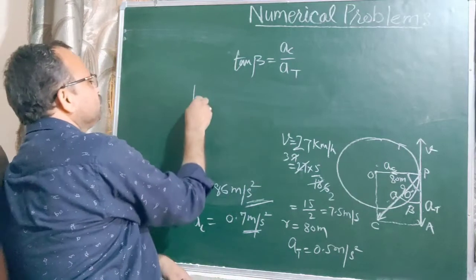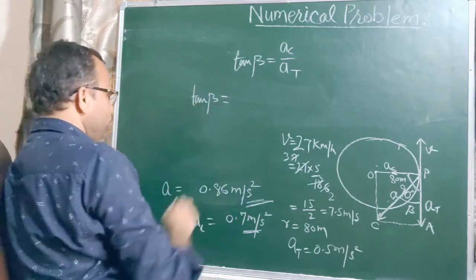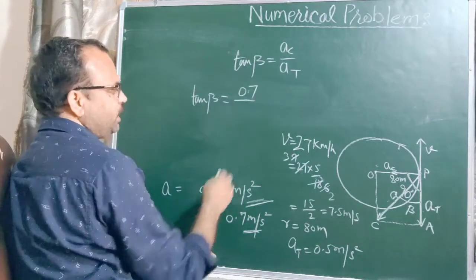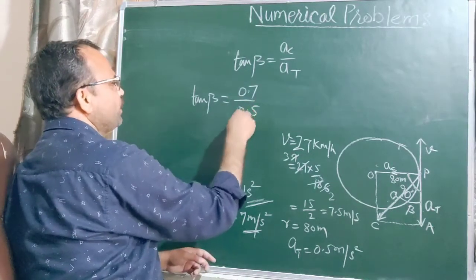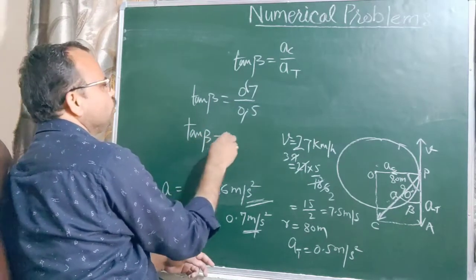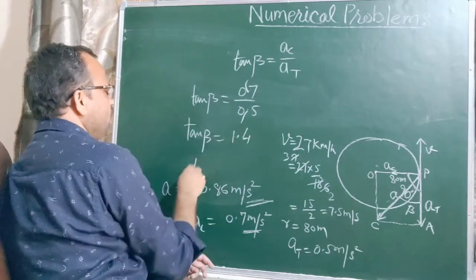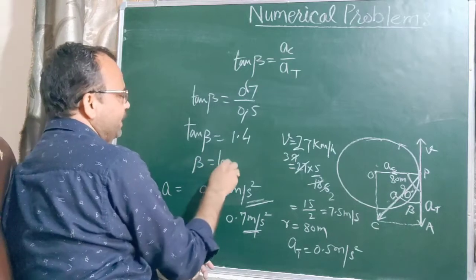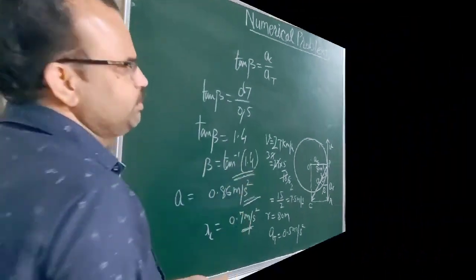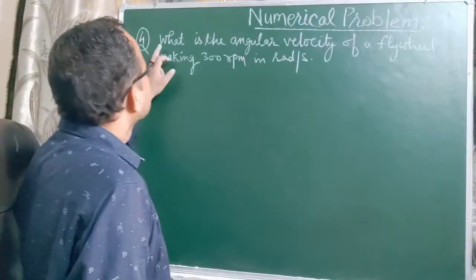So tan beta is equal to the value of AC, 0.7, upon the value of AT, 0.5. Point to point cancel, so tan beta equals 1.4 and beta equals tan inverse 1.4.